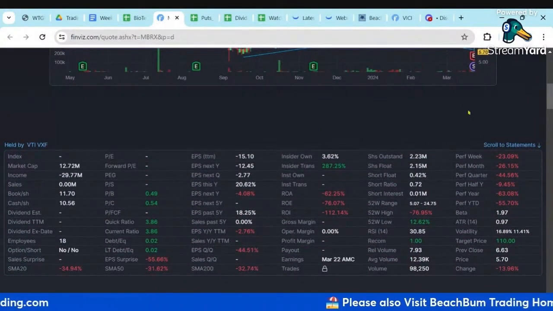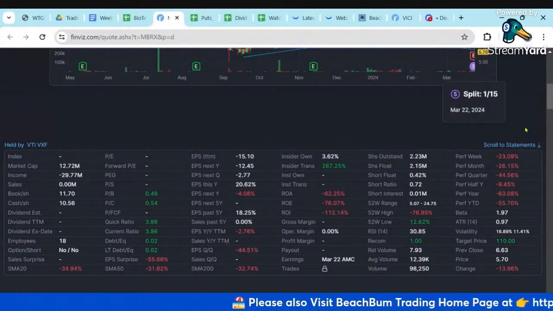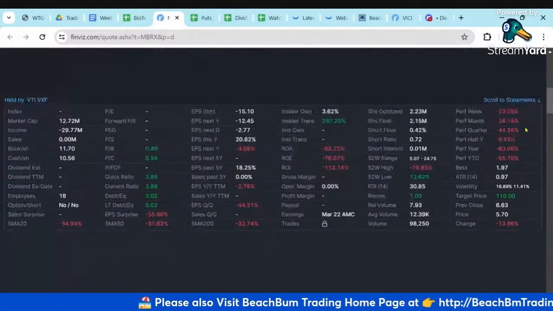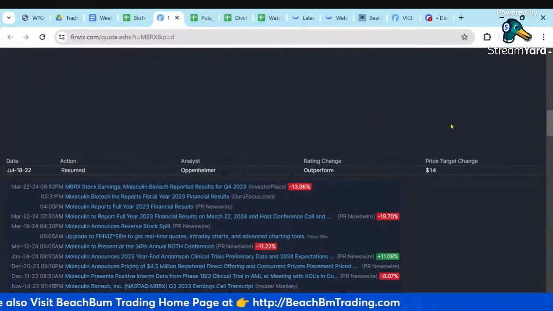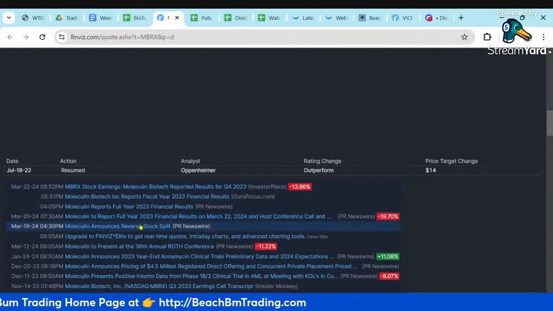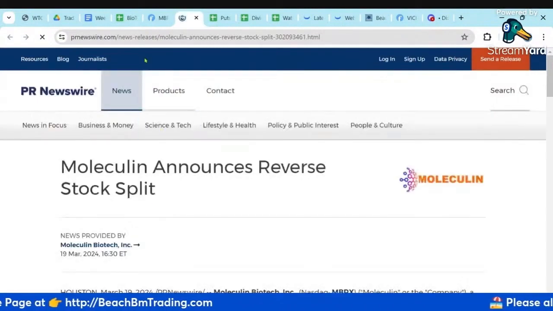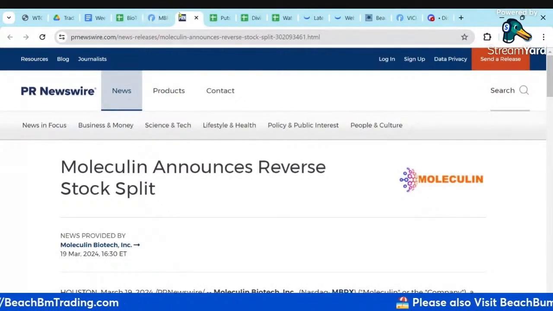Now, another thing, a reverse split, in my humble opinion, on a money losing stock is always a red flag, because typically, particularly a lot of these biotechs, they will resell those shares.